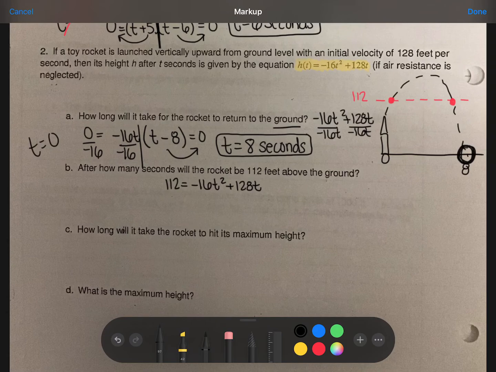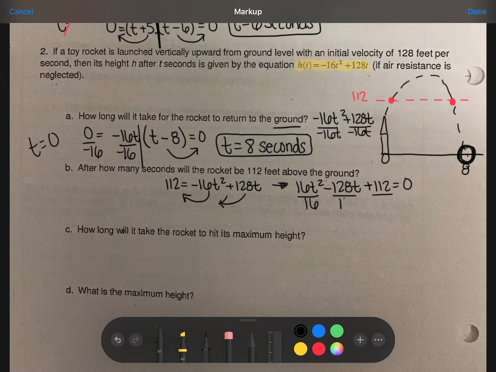All right, I like to have my t squared positive, so I'm going to say 16t squared minus 128t plus 112 equals 0. All I did was move my t squared and my t term to the left to make them positive t squared. Now I can factor this, and I believe I can divide by 16.